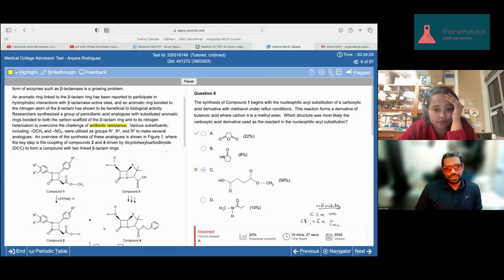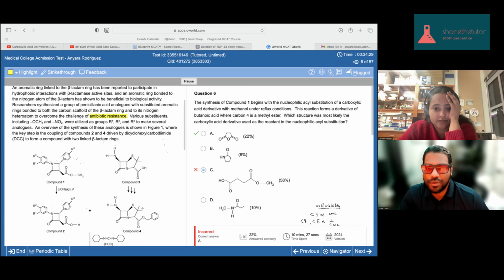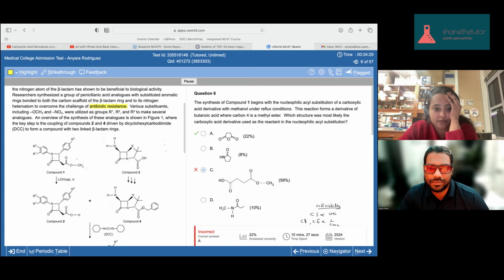Which structure was most likely the carboxylic acid derivative used as the reactant in the nucleophilic acyl substitution? Okay. How should we go about this? So I guess this is compound 1, so this is how they made compound 1. So this is what we have to refer to.